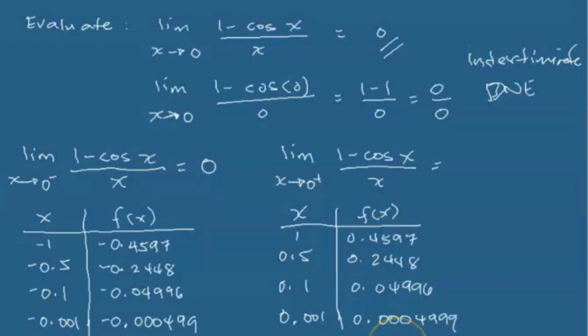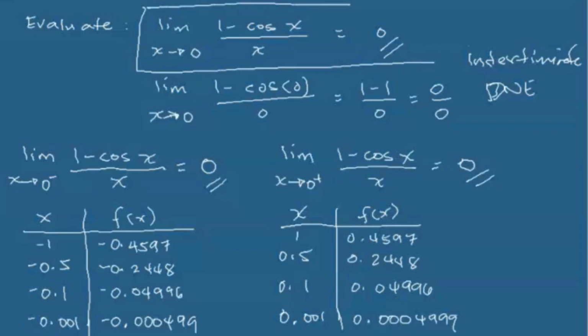From the table, we can say that the limit as x approaches 0 from the right hand is equal to 0. Therefore, the limit of 1 minus cosine x over x as x approaches 0 is equal to 0.